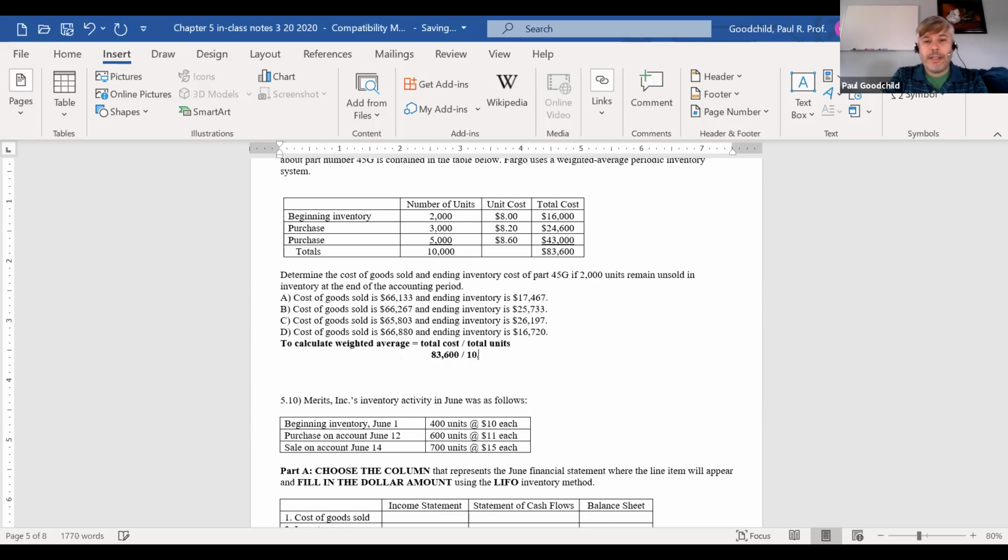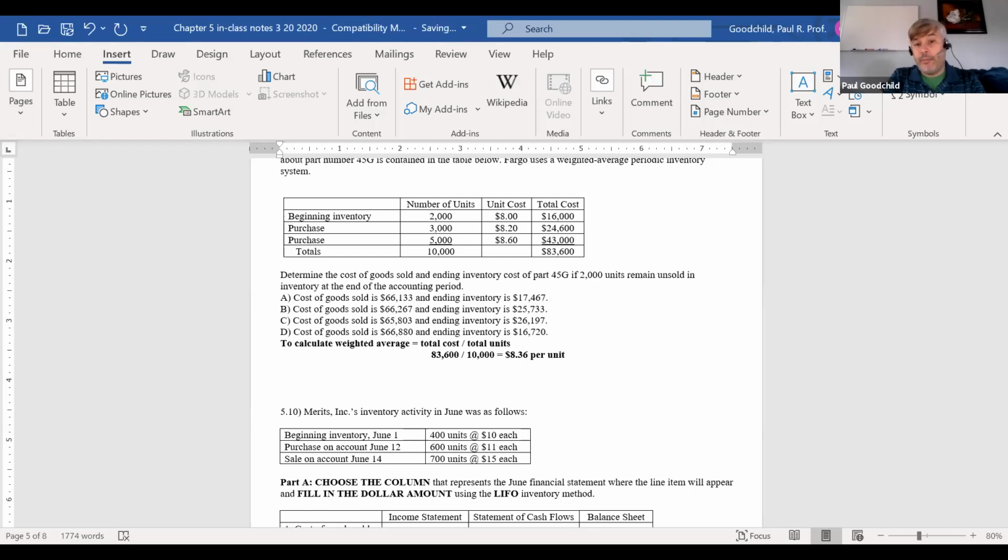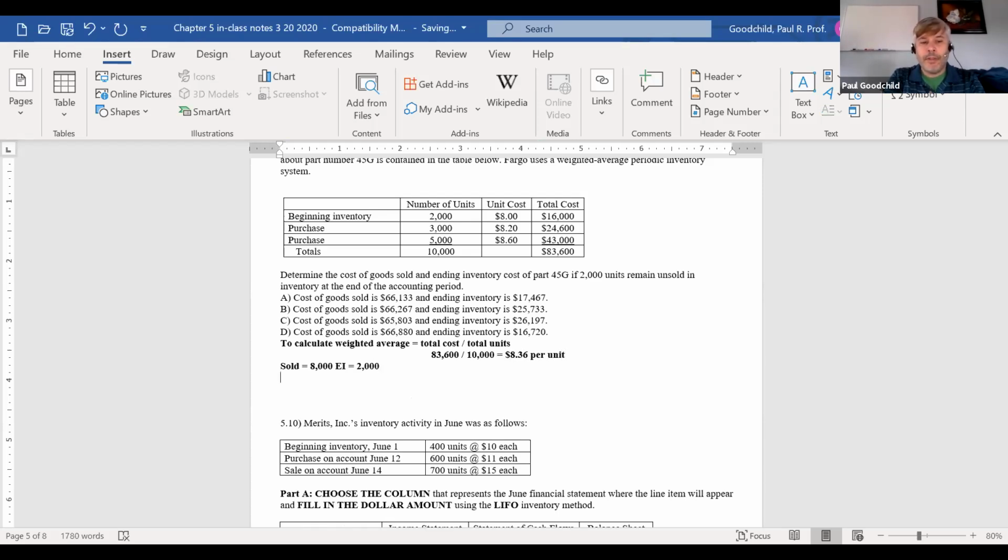We divide that by 10,000 and we get 8.36 per unit. And then we multiply how many are sold. In this case, the sold equals 8,000. Ending inventory equals 2,000.